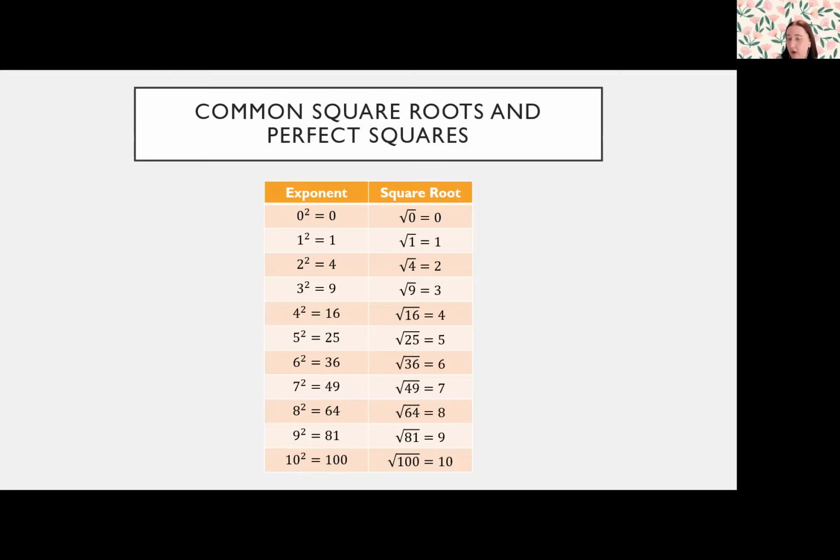And your calculator will do all of these. Every calculator is different. Some calculators have a button for the square root symbol. I don't have a direct button. I have to use second to get to it, and it's above my exponent button because it makes sense, because they go back and forth.